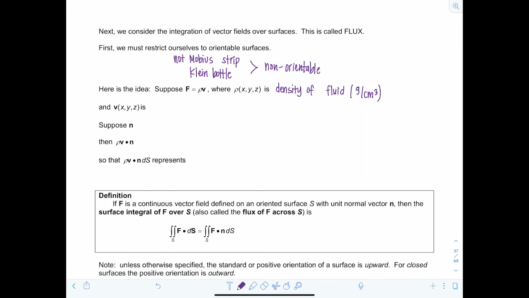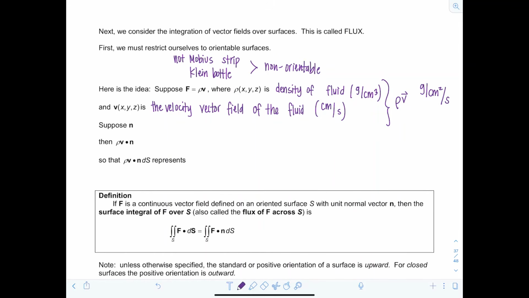And then V is the velocity vector field of the fluid, and typically that would be measured in centimeters per second. Or if it was in meters per second, then make sure rho is measured in grams per meter cubed, okay? So our units on rho V would be grams per centimeter squared per second.